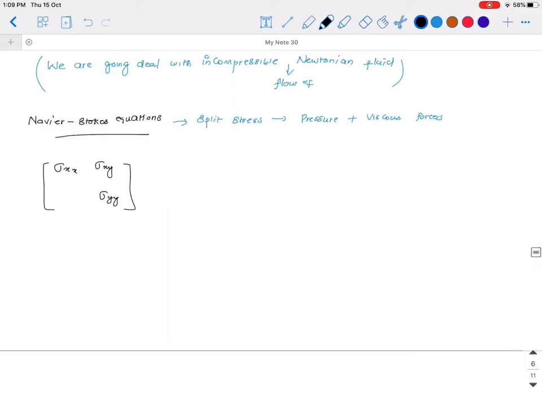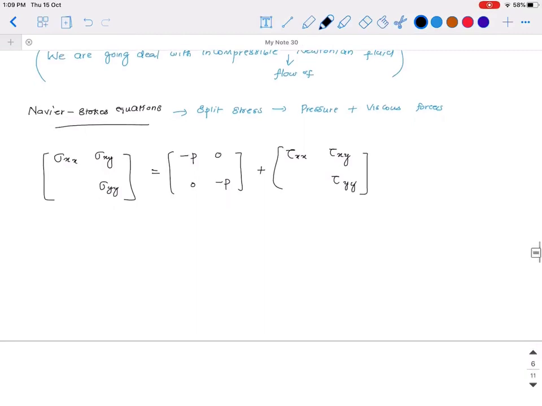Okay, so that would be equal to minus P. Okay, so what we have written here is just that we have split the stress we have into pressure component plus the viscous effect. Okay, so pressure acts equally in all direction.